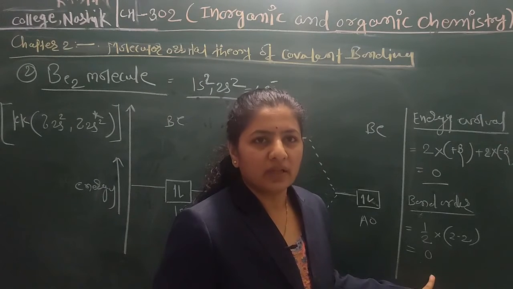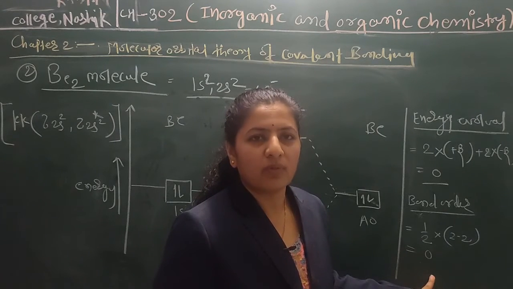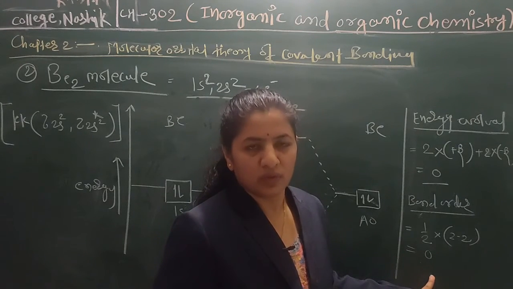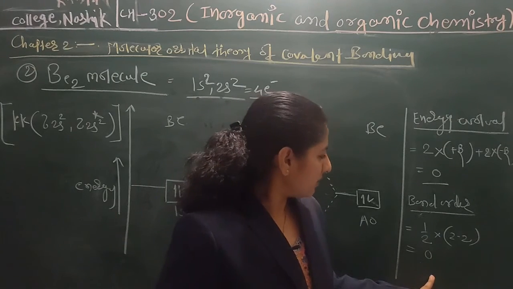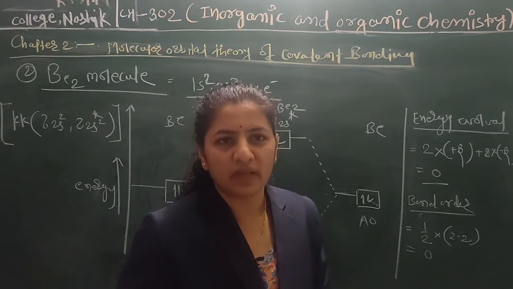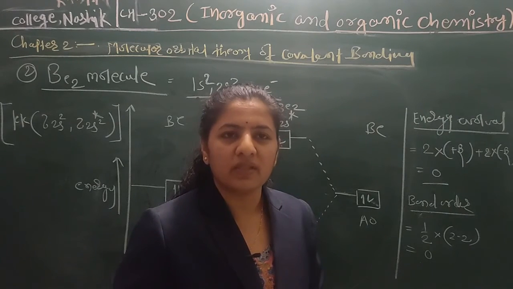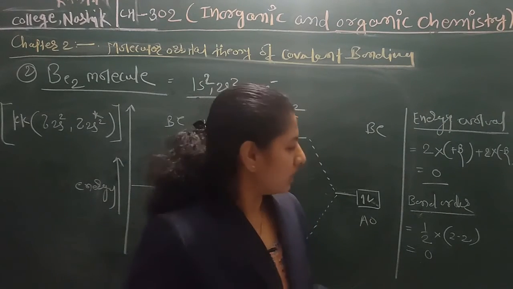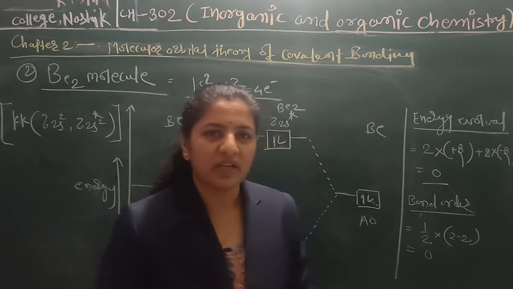Bond order is nothing but the number of bonds formed in the molecule. So as we know, a bond order of 0 means there is no bond between the 2 beryllium atoms, which means the molecule does not exist. So the 0 bond order indicates that.